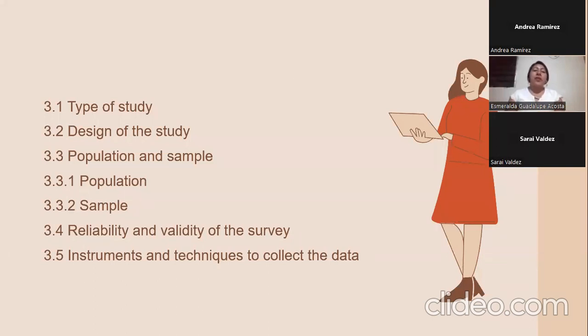Good afternoon. I'm going to continue explaining this part. And well, these are some important aspects that are part of chapter number 4, that is the methodology. The first point says type of study. In this case, the type of our study is correlational because it describes the relationship between two or more variables at a given time.